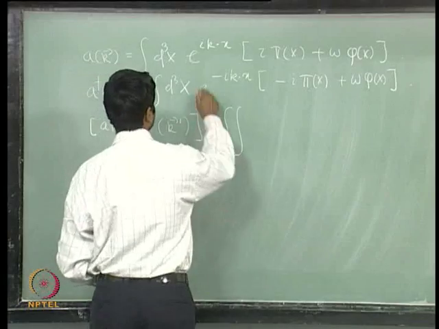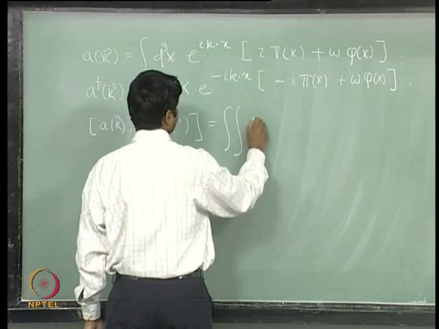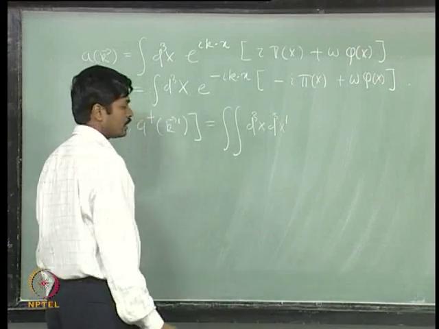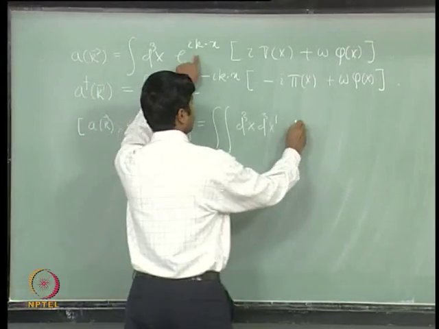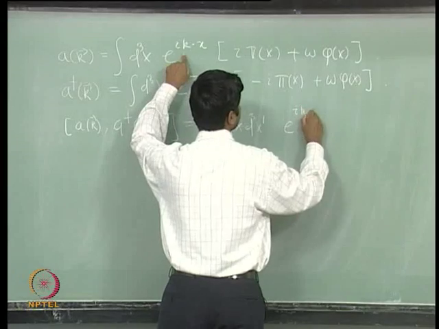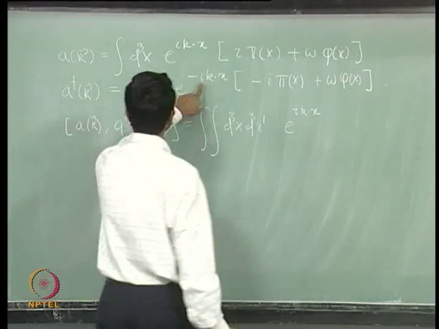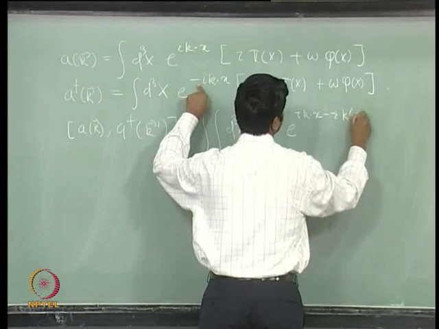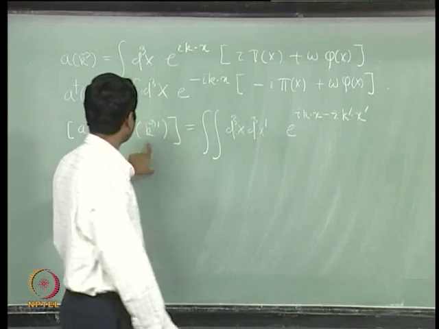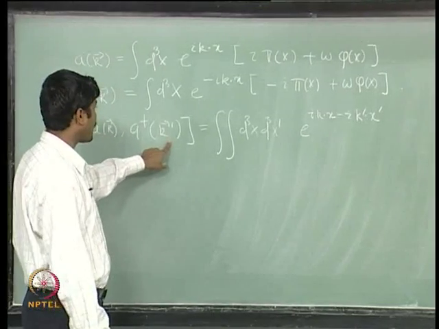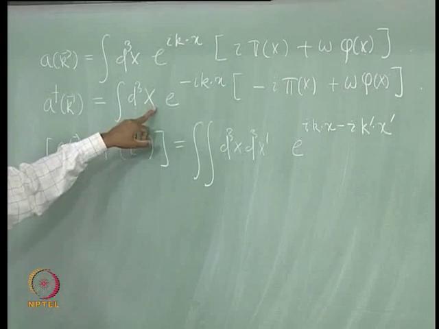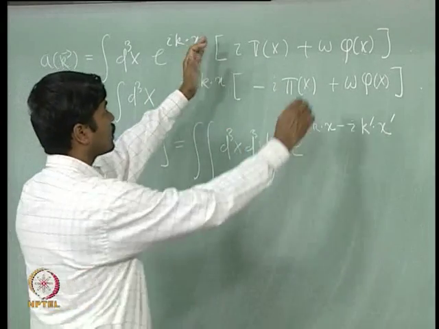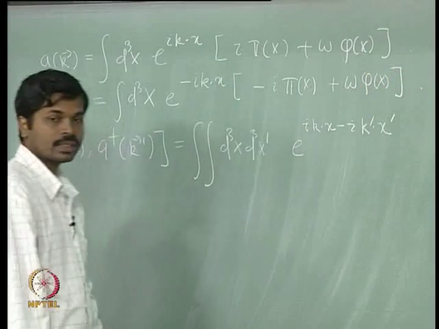So, d cubed x d cubed x prime, and from this I will get e to the power i k dot x minus i k prime dot x prime, because the argument of a dagger is k prime and the integration variable for a dagger I am using is x prime, and then the commutator of these two quantities.